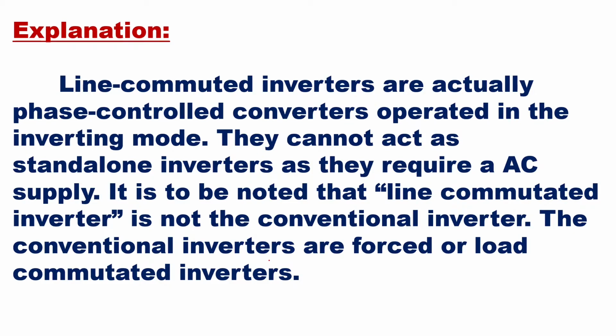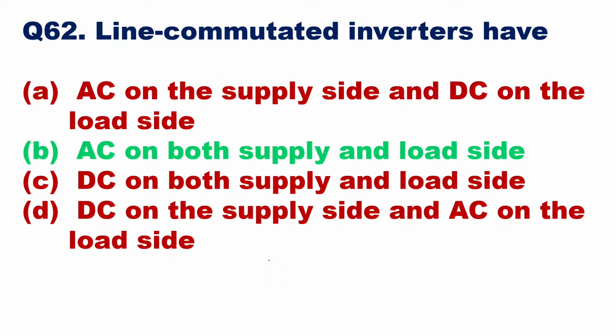Whereas line commutated is one where the device which is going to switch on, that is the device which is going to control like SCR, will be commutated by the line, that is the AC supply. So here you can see it is having AC on both supply and load side.